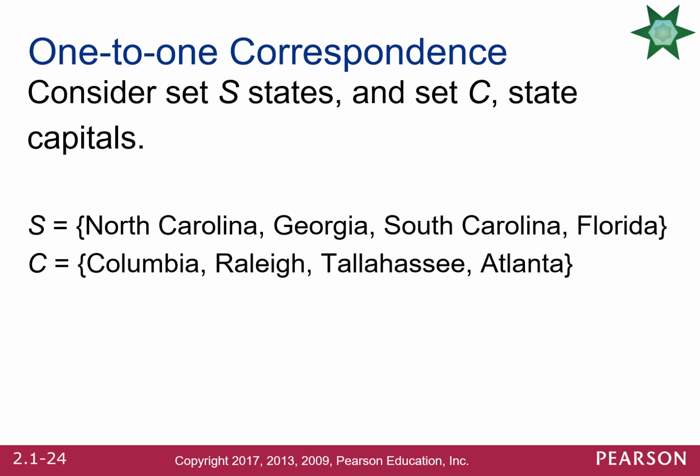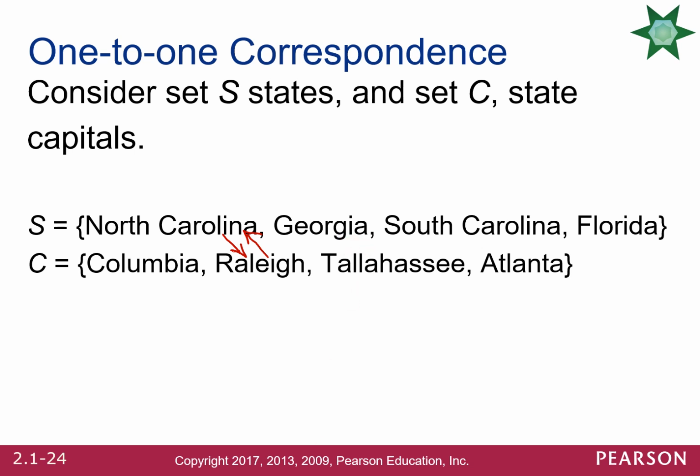It's a two-way mapping. North Carolina maps to Raleigh and Raleigh maps to North Carolina. Likewise, Georgia's capital is Atlanta, and Atlanta is the capital of Georgia. Again, this is a two-way correspondence, but only to one element in the set.